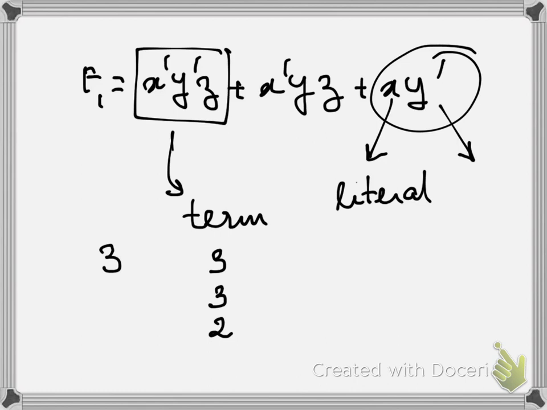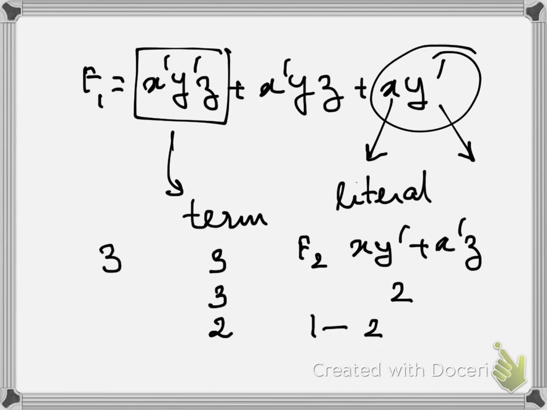In the function f2, I had x y' + x' z. So here the number of terms is 2. The first term has 2 literals, the second term has 2 literals.